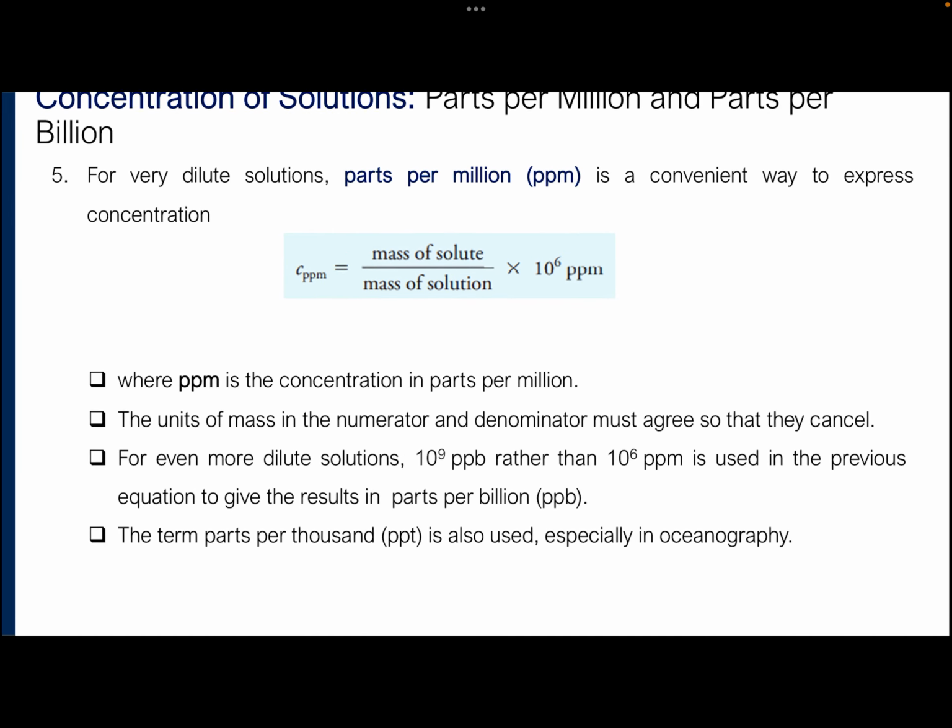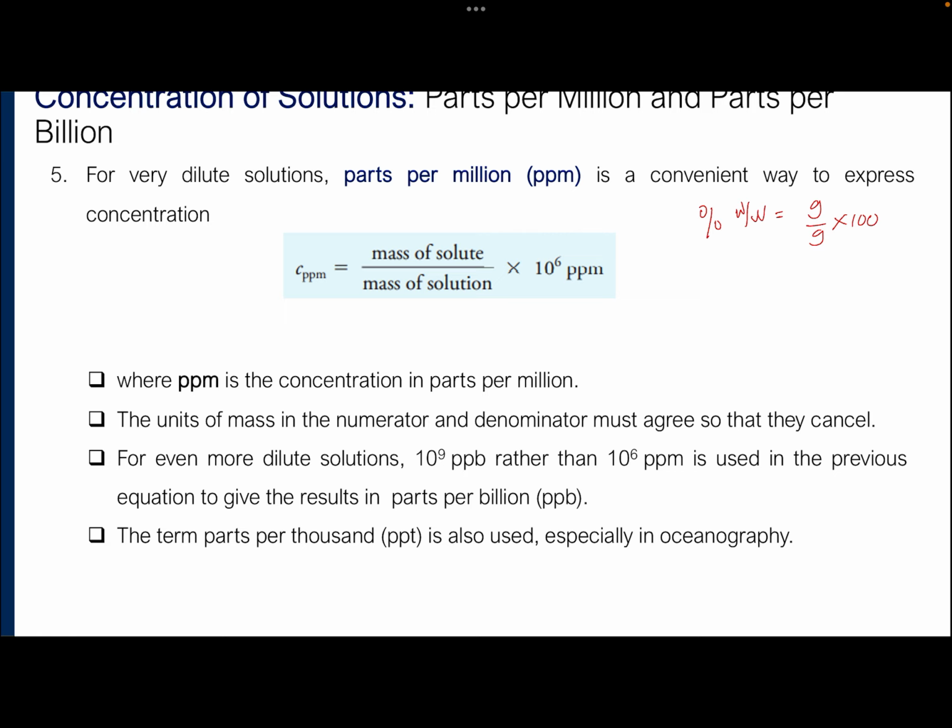Okay. So, let us have the next concentration, which is ppm and ppb. For ppm and ppb, it is somewhat similar to your percent. Percent weight per weight is gram divided by gram times 100, which was our percent composition earlier.